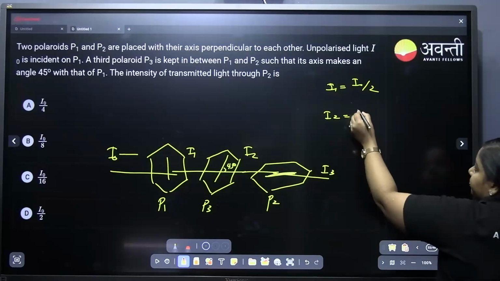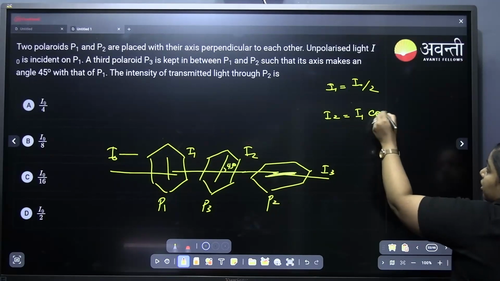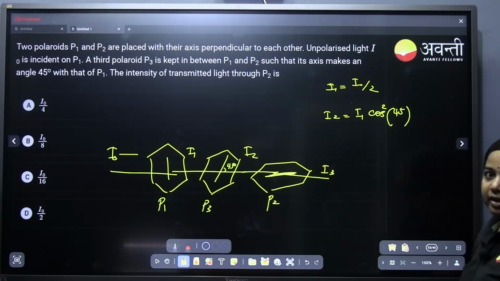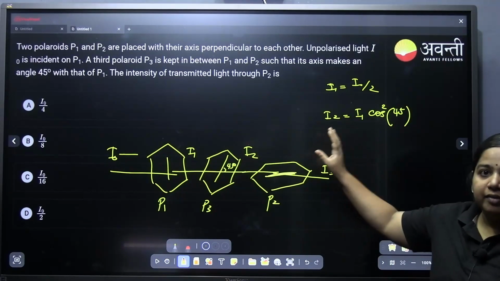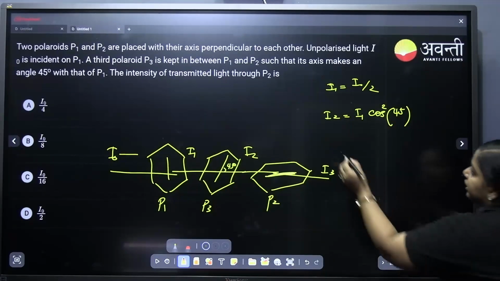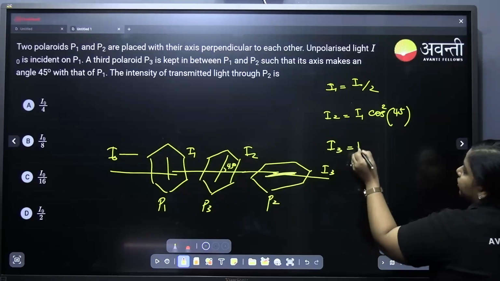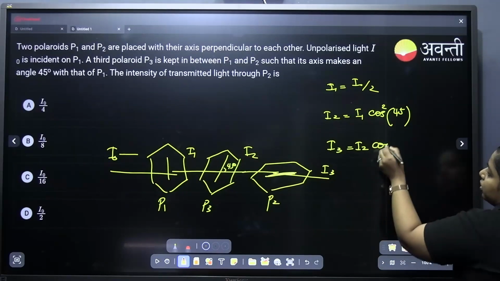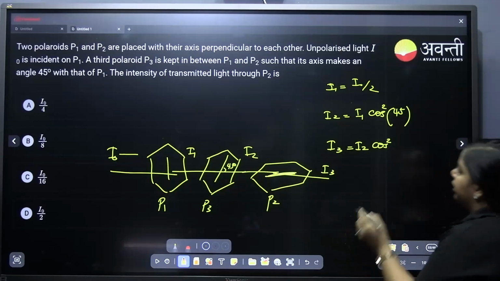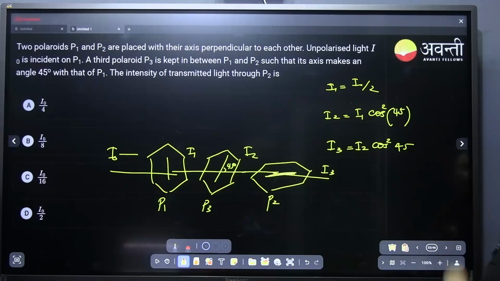I2 is equal to I1 cos square 45. I1 cos square theta is the formula for the analyzer. Then I3 is equal to I2 cos square of (90 minus 45), also 45. So here also it will be 45.